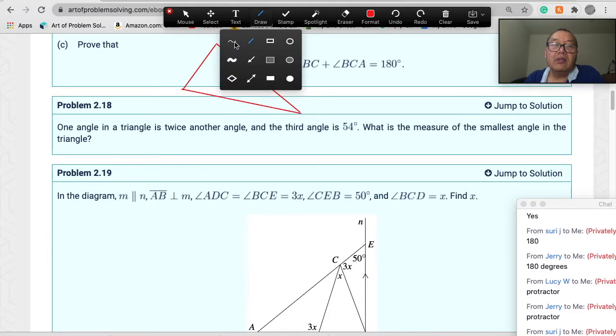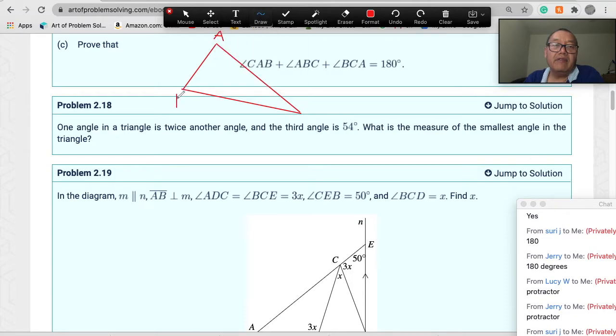Let's suppose the three vertices are A, B, C. Now they tell you one angle in a triangle is twice another angle, and the third angle is 54 degrees. So suppose this one equals 54 degrees. This one is twice this.